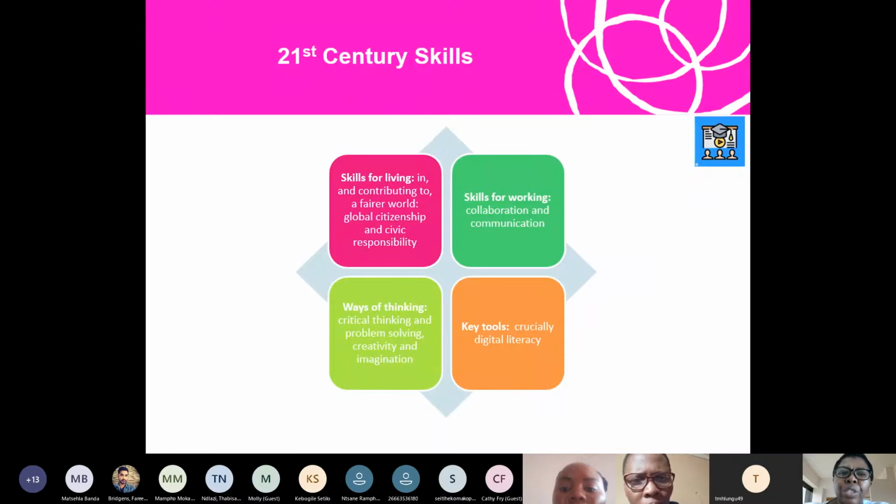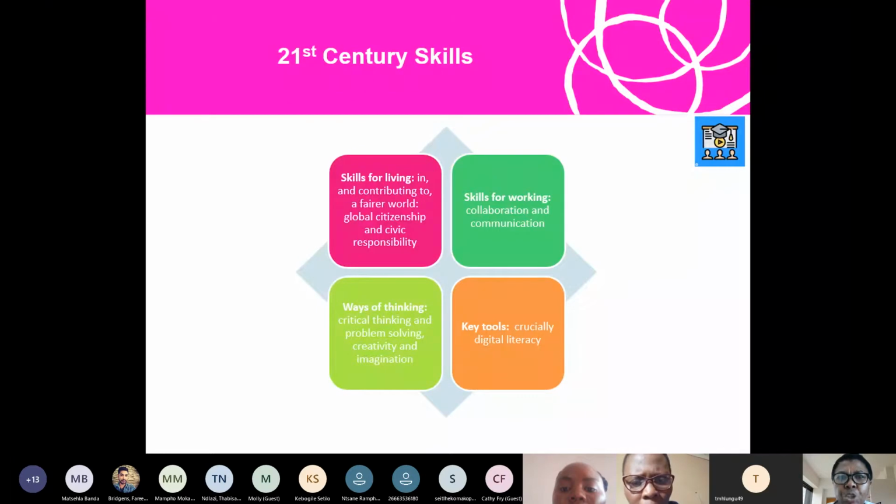And then we've got skills for living, and the skills for living basically ensure that we have got a responsibility to our world and ensure that we have got global citizenship responsibility. And this is very, very critical. First and foremost, if I'm a learned person, I need that skill for living. I need to be proud that I am a South African.